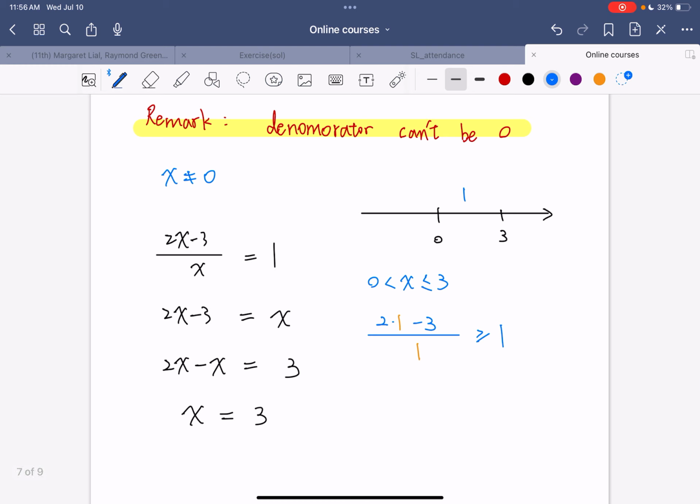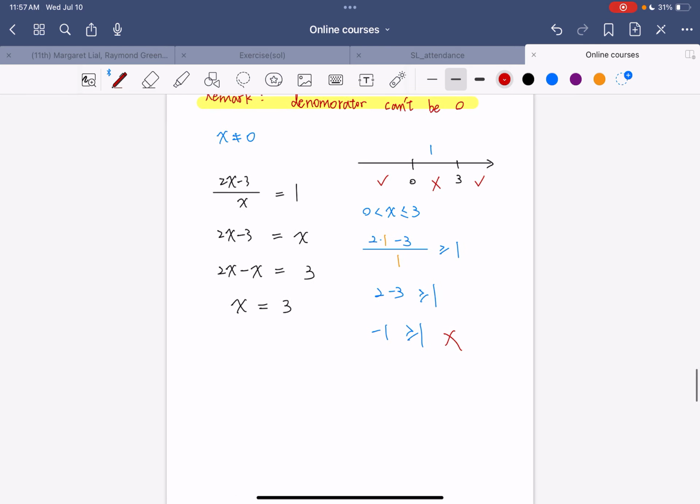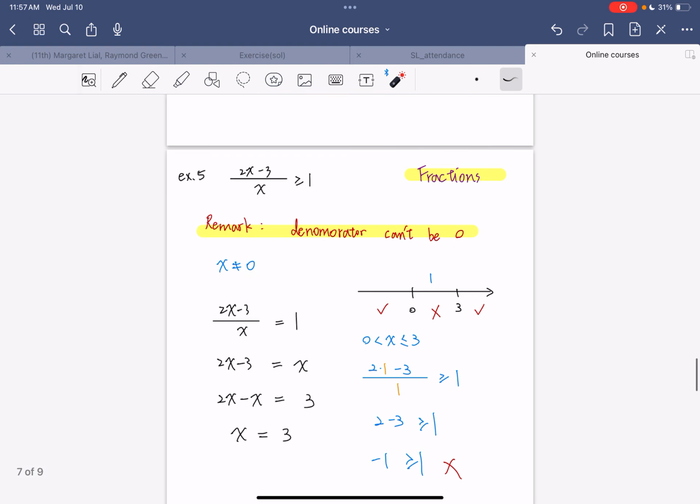Therefore, 2 minus 3 divided by 1 is minus 1, and minus 1 greater than or equal to 1 is not fit. So we can tell this area does not fit, these two areas fit. So the only possible area for this question will be this area. Since here we got an equal sign, but we already know that x cannot be equal to 0, 0 should not be included.